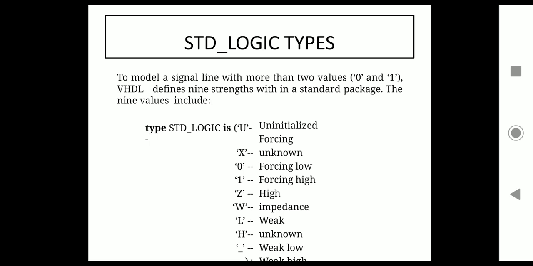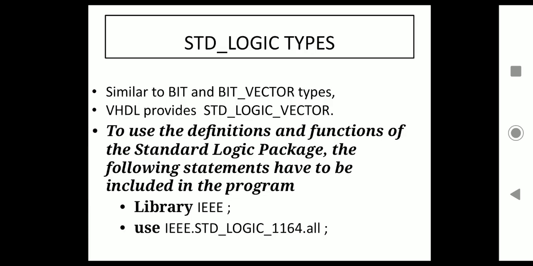So these are the 9 values that are defined in this standard logic type, which comes under the standard package, and that's why VHDL is known as a 9 valued logic. So this is about the standard logic data type.